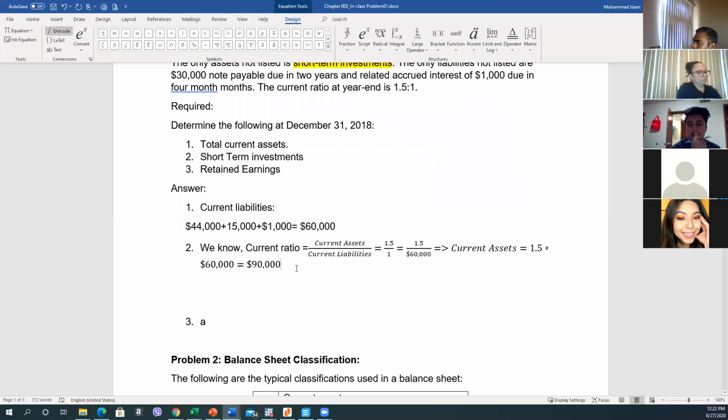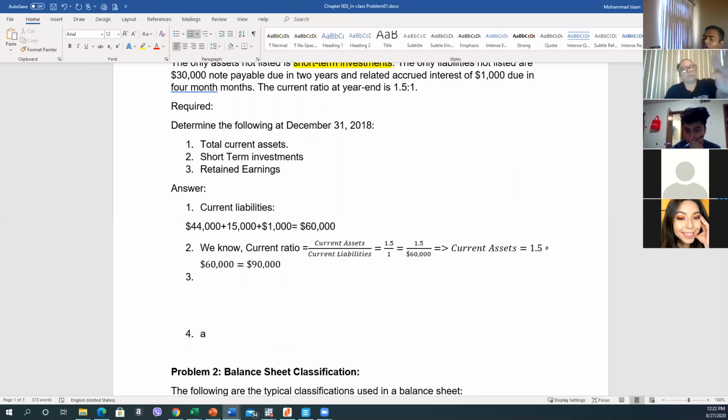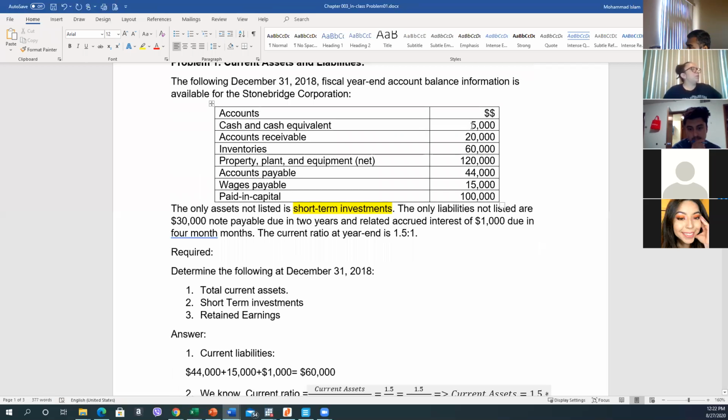Okay. So you know that current assets are 90,000. So our short-term investments would be equal to 90,000 minus, we will subtract all that, say 5,000, 20,000, and 60,000.